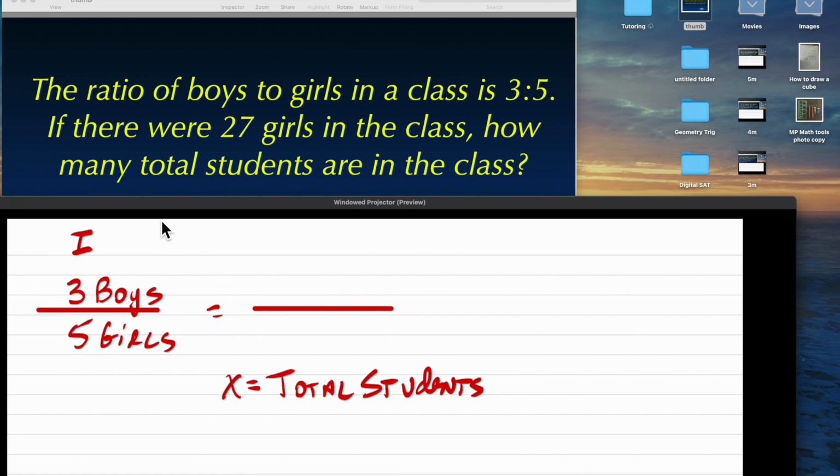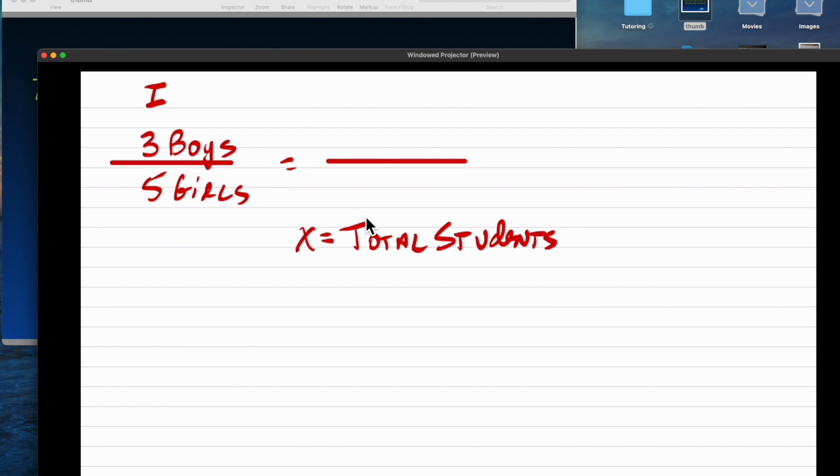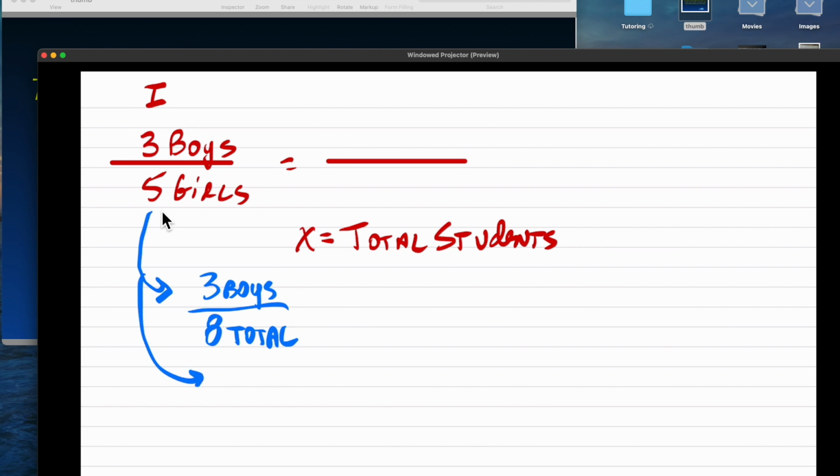We have to create a different part 1. The whole key, folks, is recognizing that this information also tells us there's 3 boys for every 8 total students, and there's also 5 girls for every 8 total students. How did we get 8? We simply added 3 and 5.